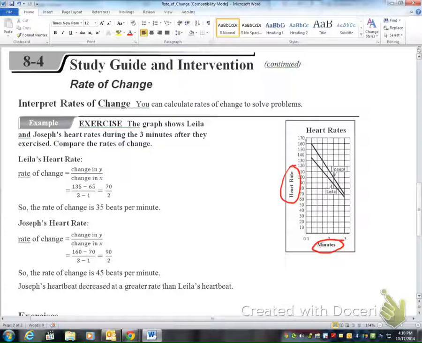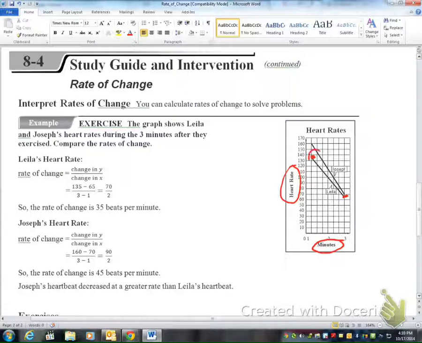So, if we look at Layla, she is the bottom graph, and her graph starts at this point right here, which is about 135 as the y value, and in the end she ends up at about 65. So there's where we have our 135 minus 65.